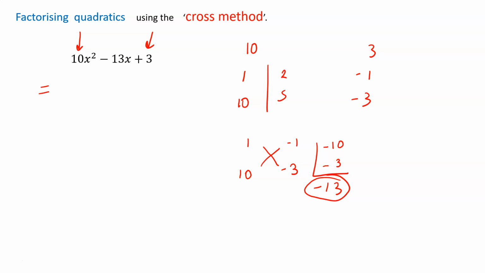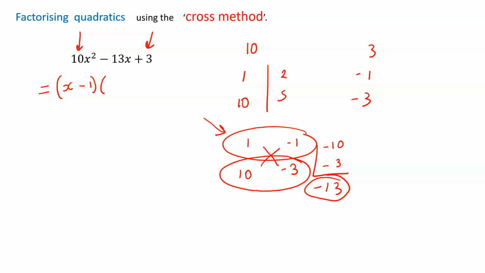How good is that? So the first brackets here would be x minus 1, and then times 10x minus 3. And this concludes this video.